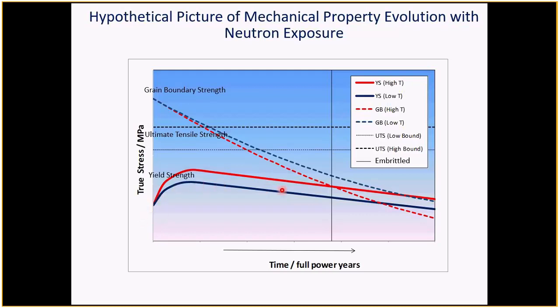At lower temperatures, you get more dissolution, and so it's a lower value. This represents the yield strength. This represents the ultimate tensile strength, which you would normally achieve in a normal tensile test. You yield and then you fail at the ultimate tensile strength.